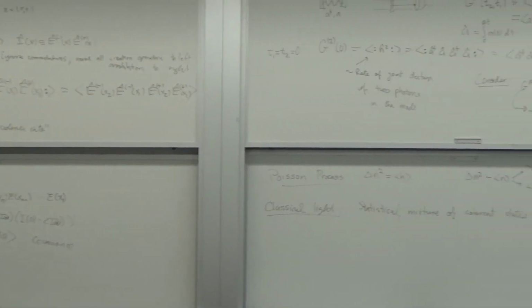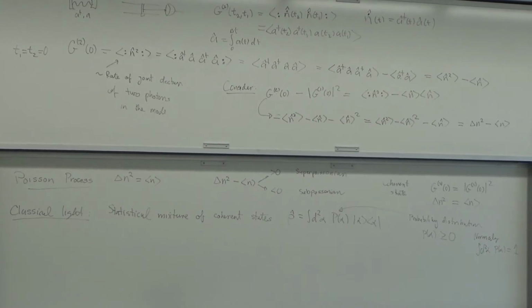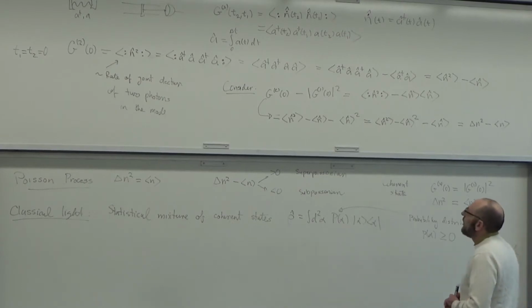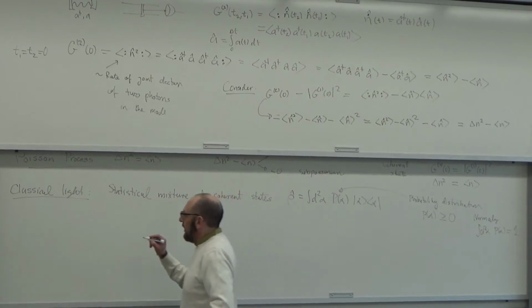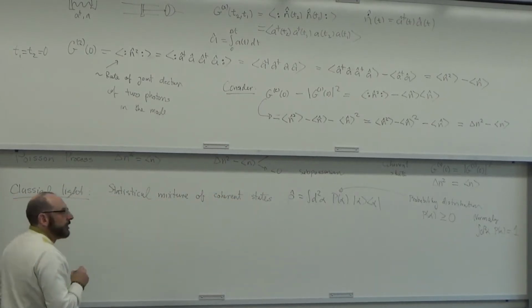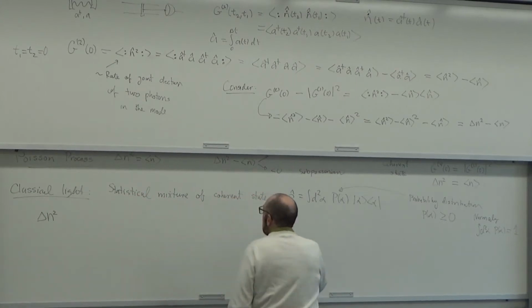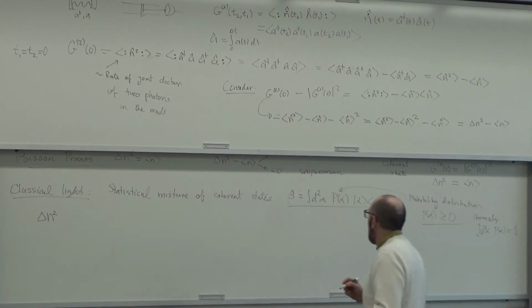So let us ask ourselves, what is this parameter in the context of the classical state? Let's look at the fluctuation in photon number under the assumption that our state is of this form. Okay, so let's calculate that.